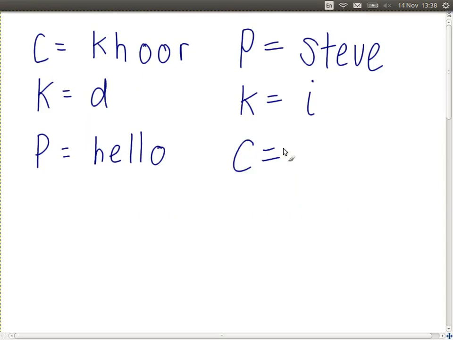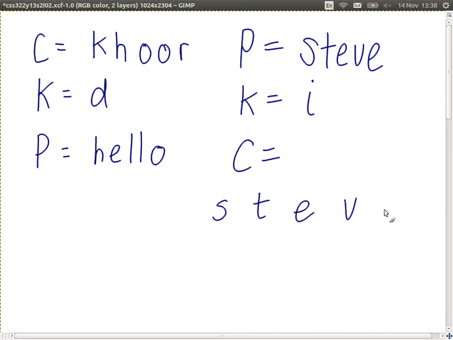Let's have a look. Sorry, we'll go back in a moment. So we can think of these as numbers now. So let's try. We have S, T, our plain text. S is 18, T is 19, E is what, 4?